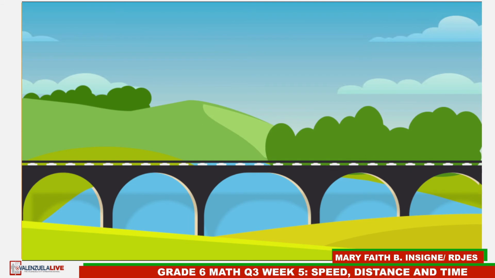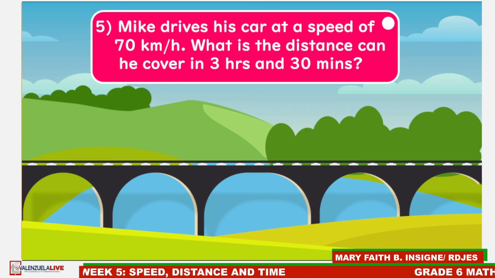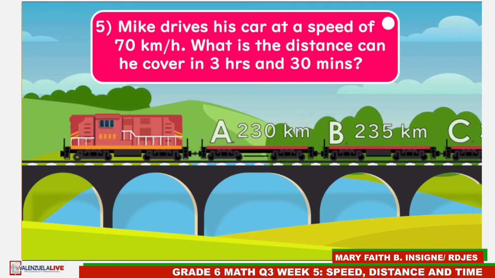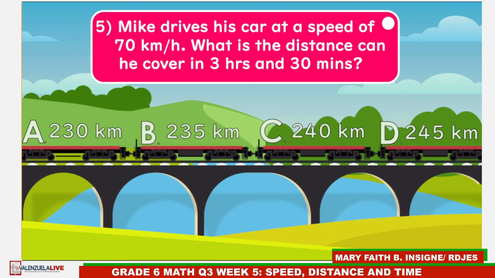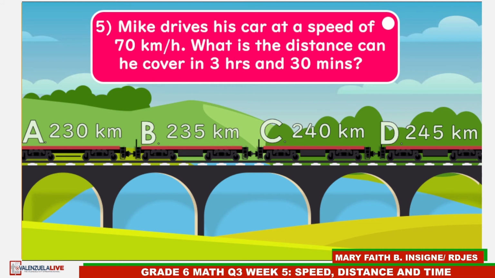Next, for the last problem, we have Mike drives his car at a speed of 70 kilometers per hour. What distance can he cover in 3 hours and 30 minutes? These are the choices. Letter A, 230 kilometers. Letter B, 235 kilometers. Letter C, 240 kilometers. And letter D, 245 kilometers.